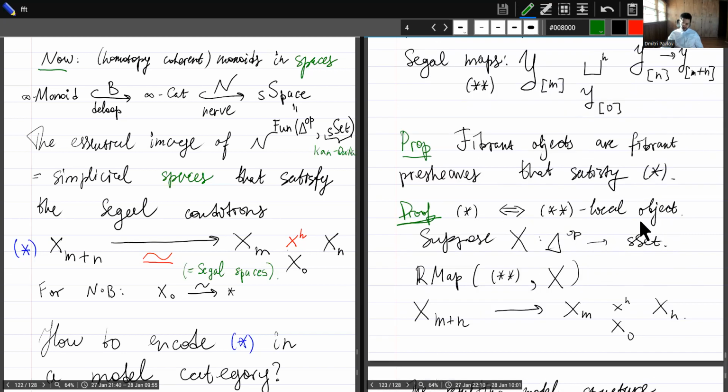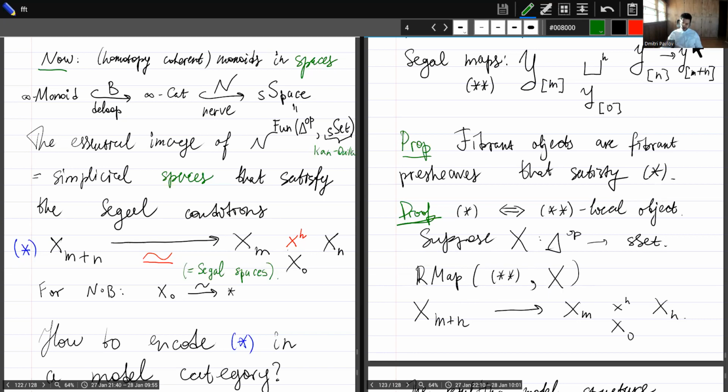Well, let's pick some arbitrary simplicial presheaf X, and start mapping this map's domain and codomain into X. Or more precisely, the derived mapping space.